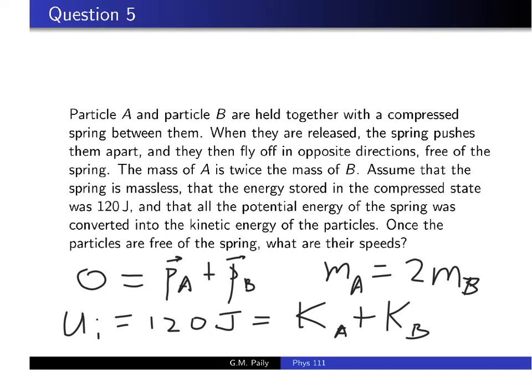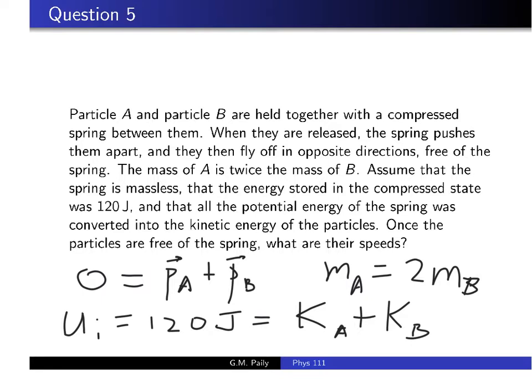Since this problem involves both kinetic energy and momentum, it is useful to look at the relationship between them. Before we go on with that though, let me add one more piece of information. As you can see, we currently have four unknowns, which are PA, PB, MA, and MB. KA and KB can be expressed in terms of PA, PB, MA, and MB.